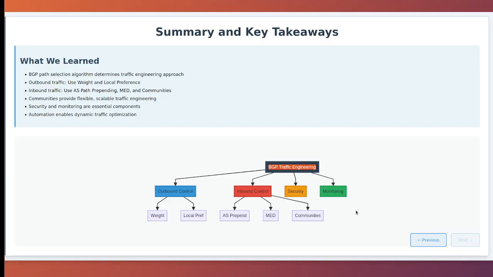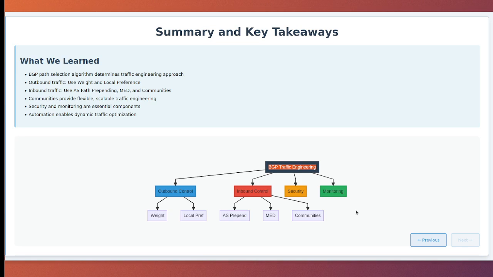For next steps, I recommend setting up a lab environment where you can practice these techniques safely. Use virtualization platforms like EVE-NG or GNS3 to create multi-AS topologies. Practice implementing each technique we've discussed, and observe how BGP makes routing decisions.